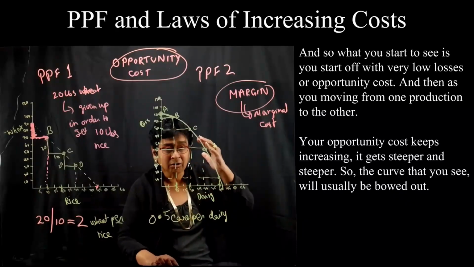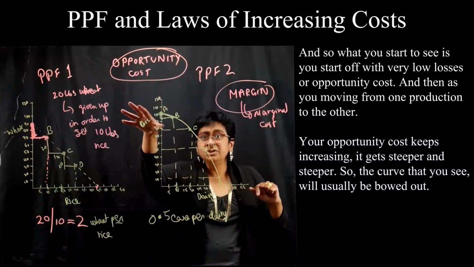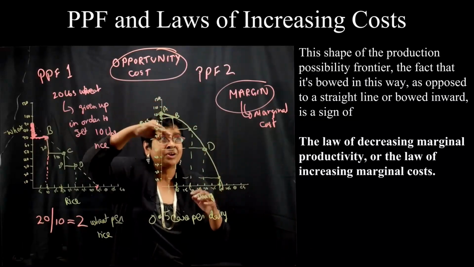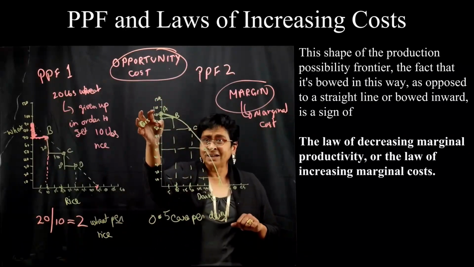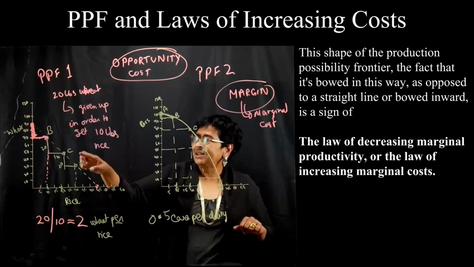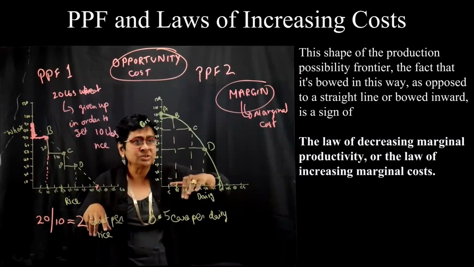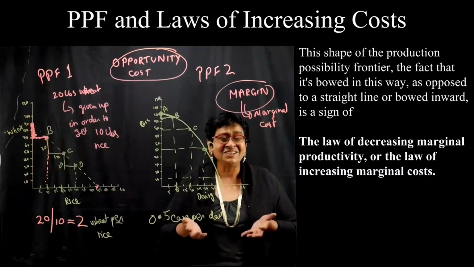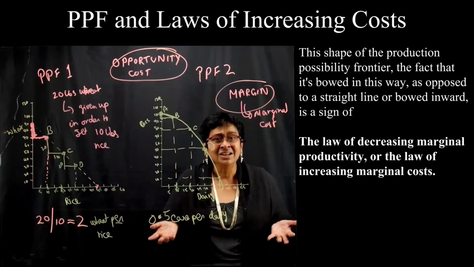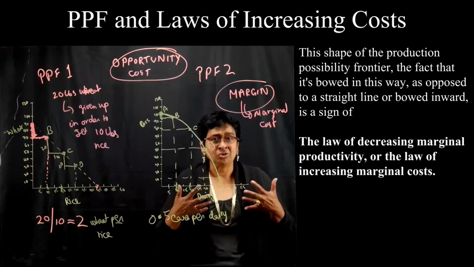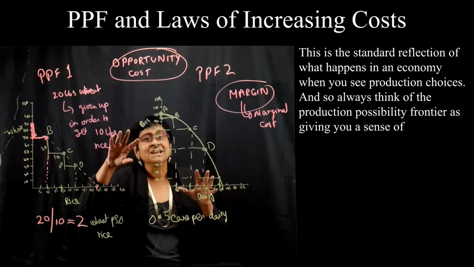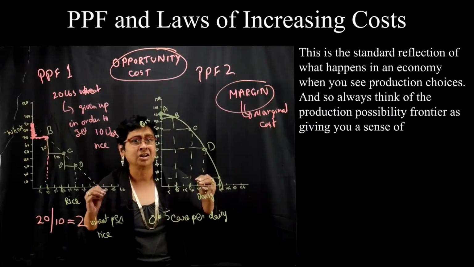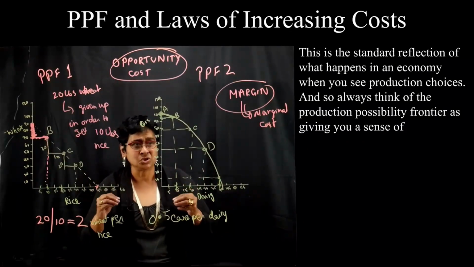So the curve that you see will usually be bowed out. This shape of the production possibility frontier, the fact that it's bowed in this way as opposed to a straight line, is a sign of the law of decreasing marginal productivity or the law of increasing marginal costs. This is the standard reflection of what happens in an economy when you see production choices.